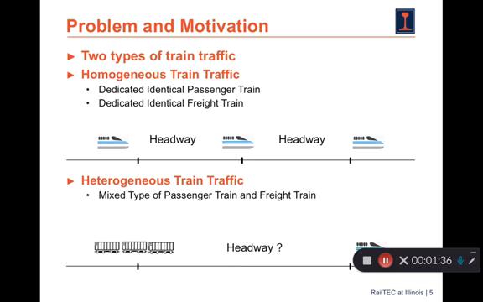We are discussing two types of train, the passenger train and the freight train. If only one type of train is on the route, then it is homogeneous. But if there is a mix of passenger and freight trains on the route, then it is heterogeneous, and this will generate a different headway output.